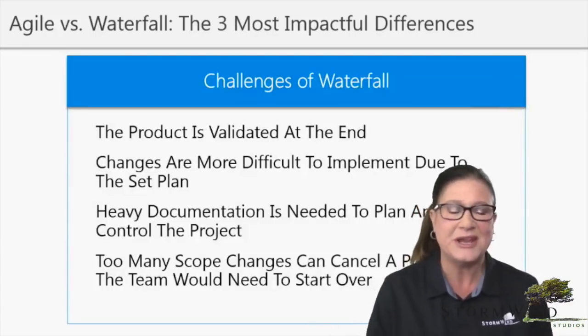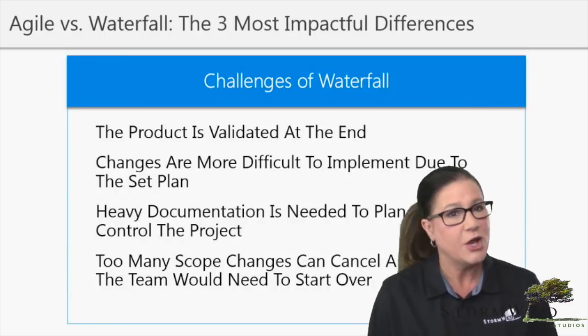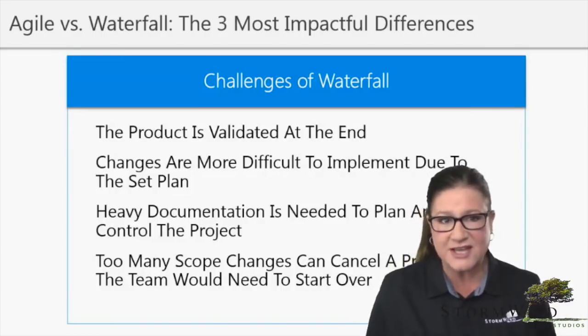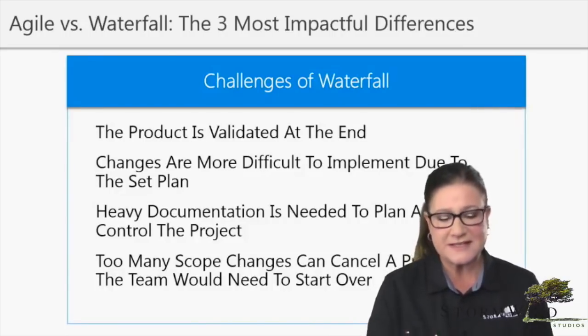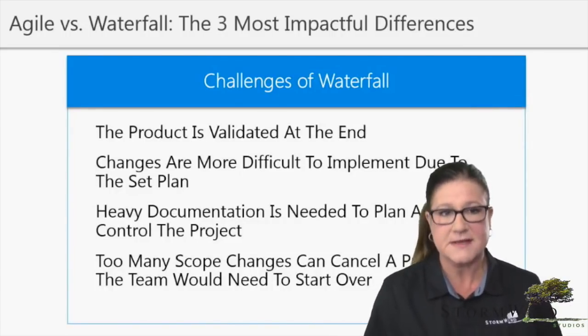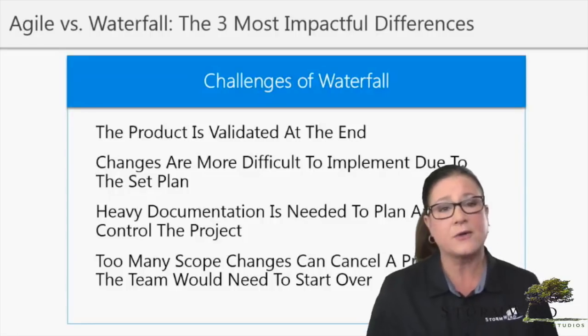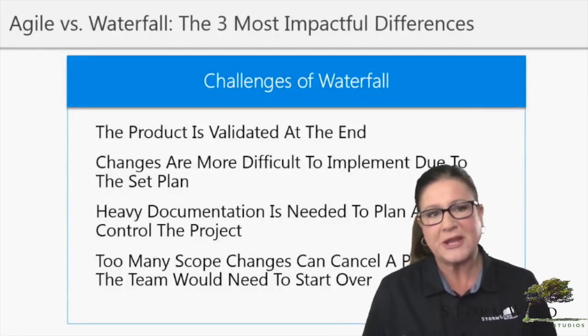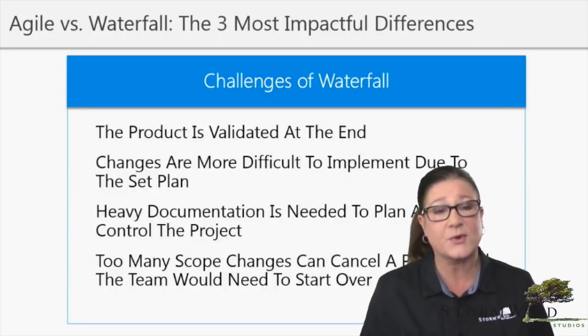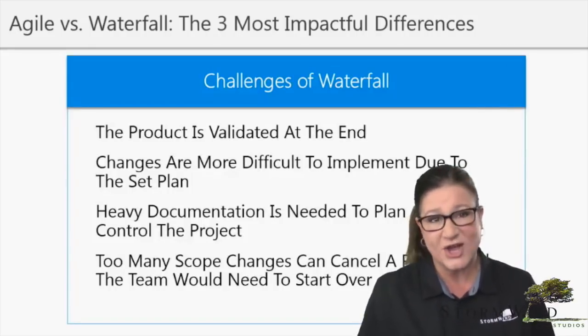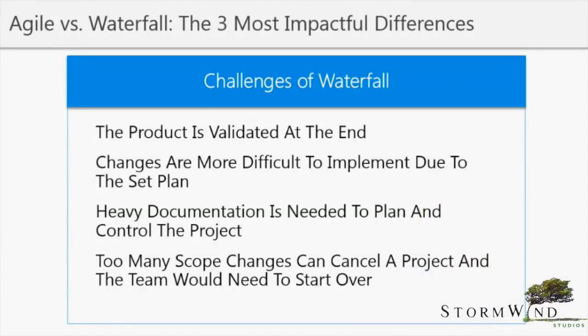When I teach the PMP classes, I hear from a lot of folks that, wow, there's so much documentation in this course for waterfall. Well, basically, there are a lot of best practices for documentation. It's our job as project managers to pick and choose what documentation we are going to do. But because we're heavily pre-planning, chances are we're heavily documenting as well.